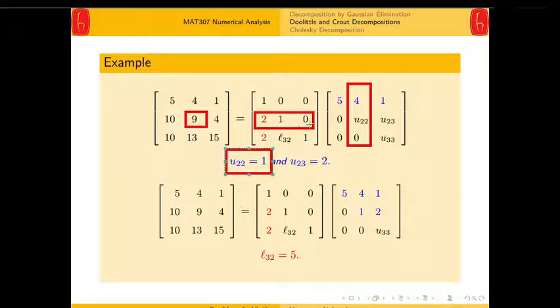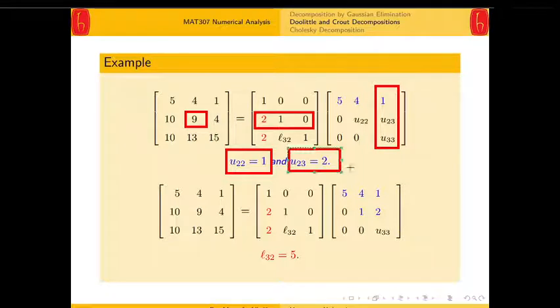Again multiplying this by the third column, we have 2 plus U23 is equal to 4, so U23 will be equal to 2. We substitute these numbers on the upper triangular matrix, and then we move on.